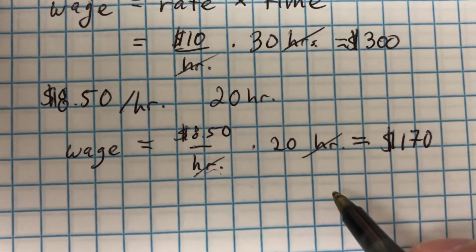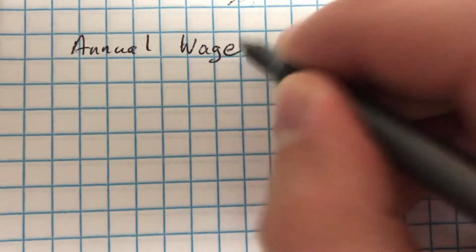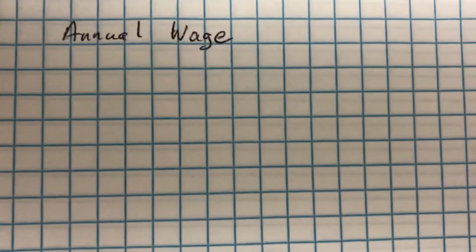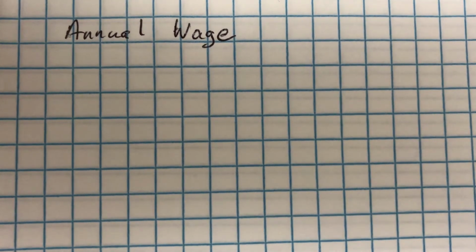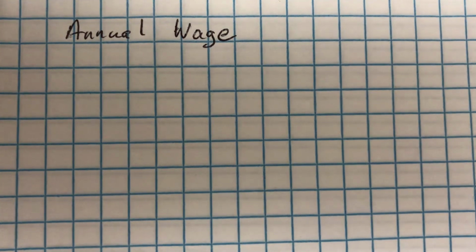850 times 20. Okay, so then it might be helpful for us to figure out our annual wage for an hourly job, a part-time job. There are some jobs where you receive an hourly rate that are full-time, being 40 hours per week, and you might even get paid vacation and things like that.